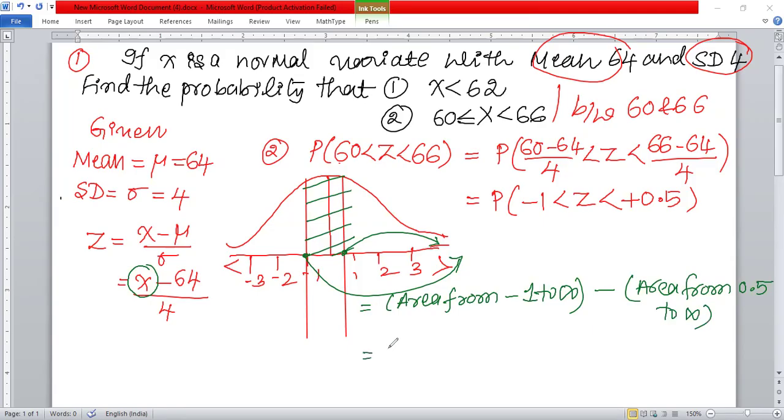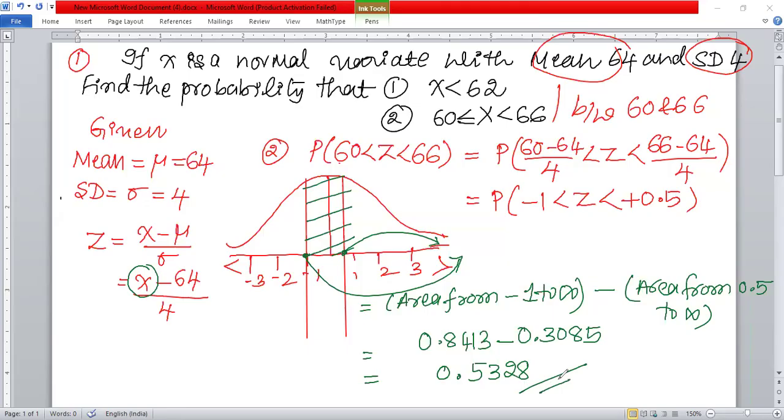So that is equal to -1, 0.8413, minus plus 0.5, 0.3085. So that is equal to final subtraction: 0.8413 minus 0.3085. So 0.5328. Yes, guys, this is the first problem solution.